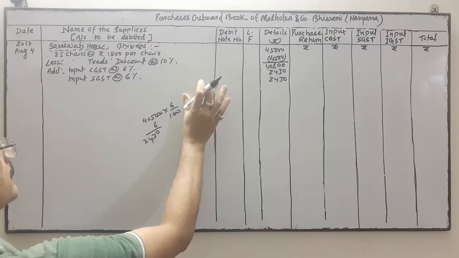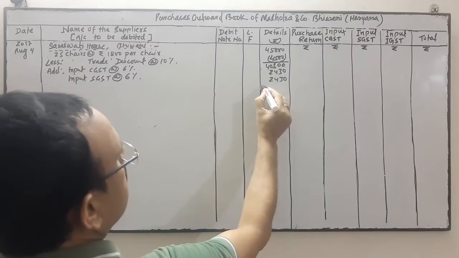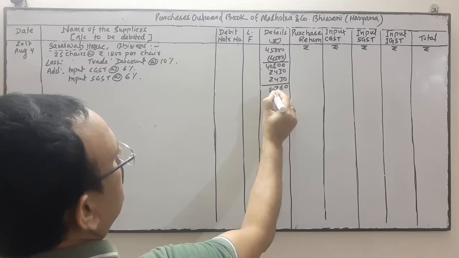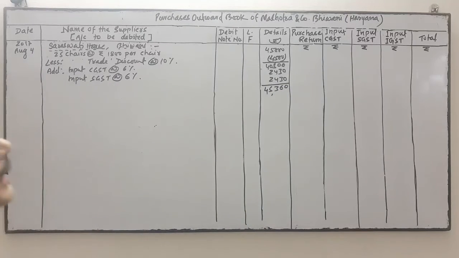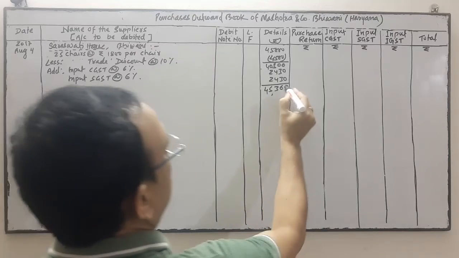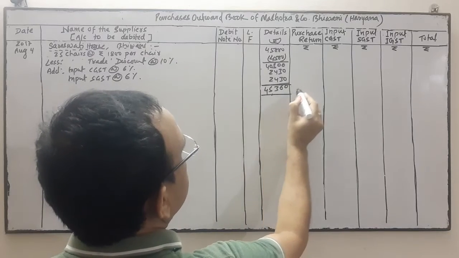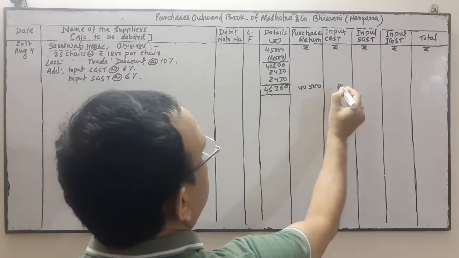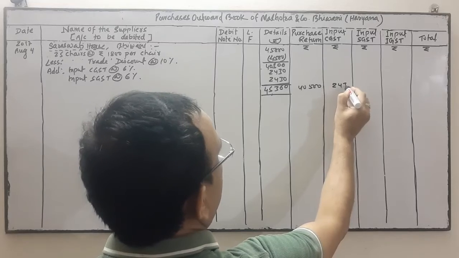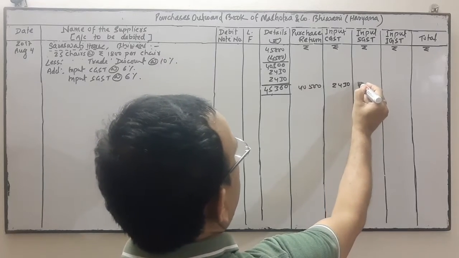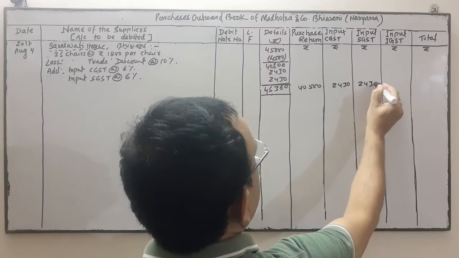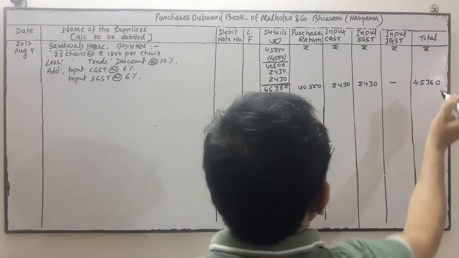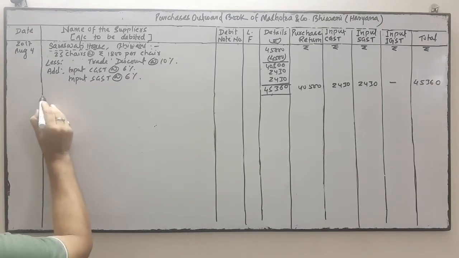So the total is 45,360. We write 40,500 in the purchase return column, input CGST 2,430, input SGST 2,430, and total 45,360. This transaction is completed.